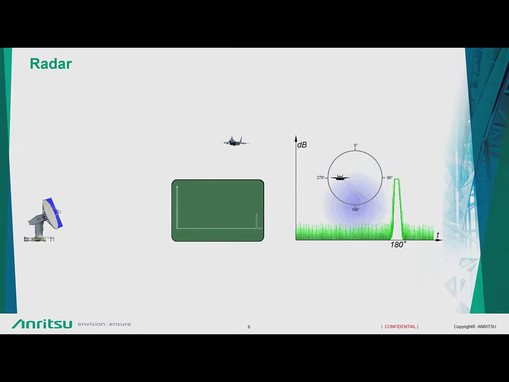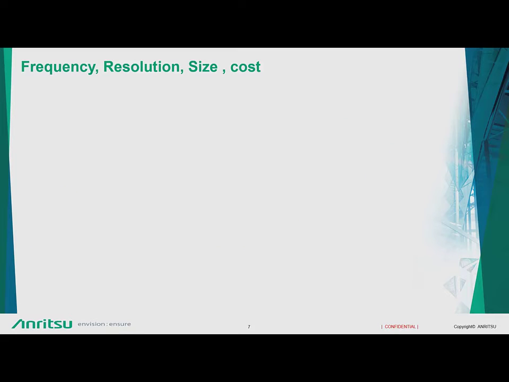Now there are some very important key parameters, like how does somebody know that using a certain frequency is going to be valuable for my application. Should I make an X-band radar, or should I make, say, an E-band radar?